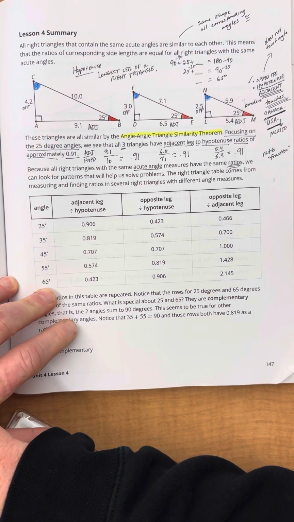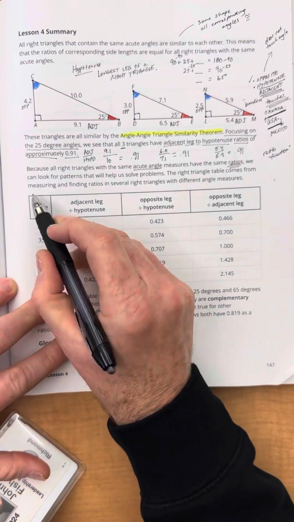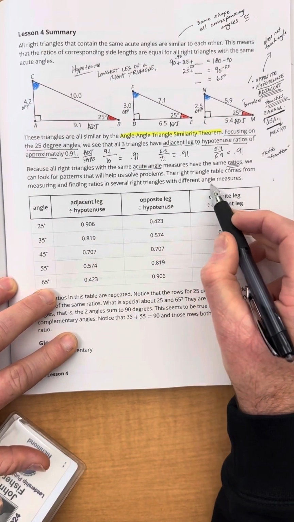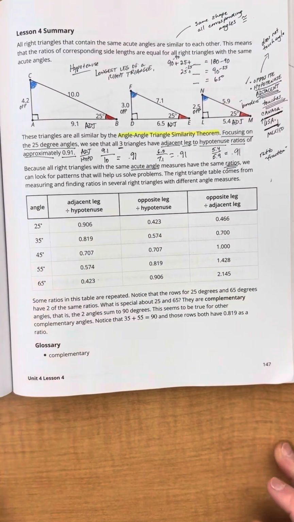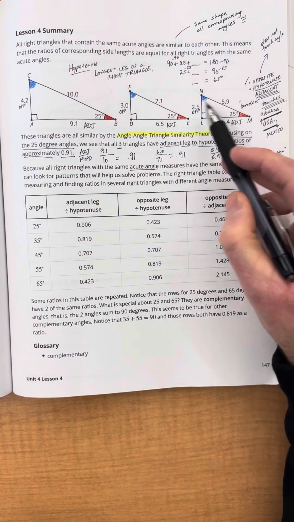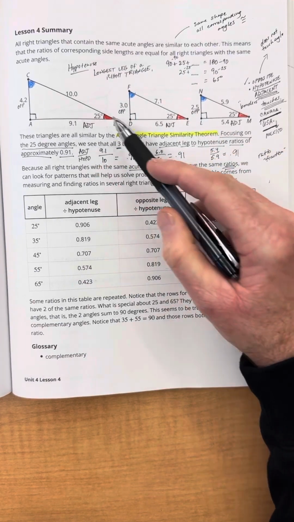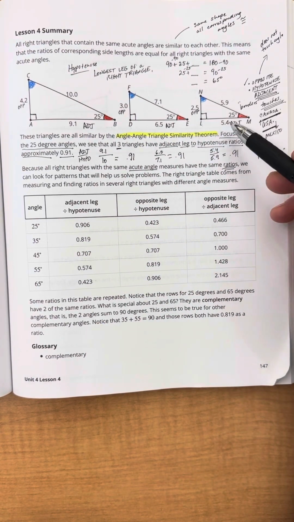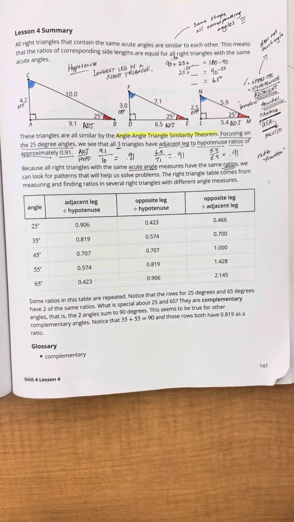The right triangle table comes from measuring and finding ratios in several right triangles with different angle measures. So they found a long time ago that no matter how big the size of the right triangle, if the acute angles are the same, the ratios are the same.